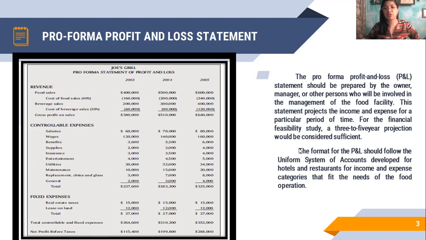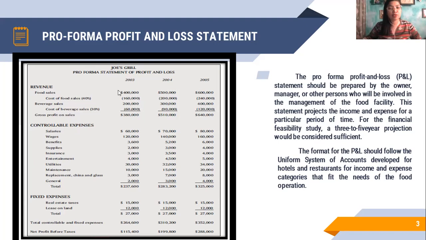For the financial feasibility study, you need to have a 3 to 5 year projection in order for the feasibility to be considered financially sufficient. The format for the P&L should follow the uniform system of accounts developed for hotels and restaurants, with categories that fit the needs of the food operation.